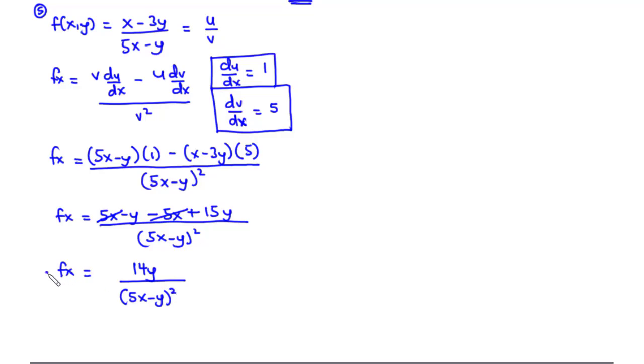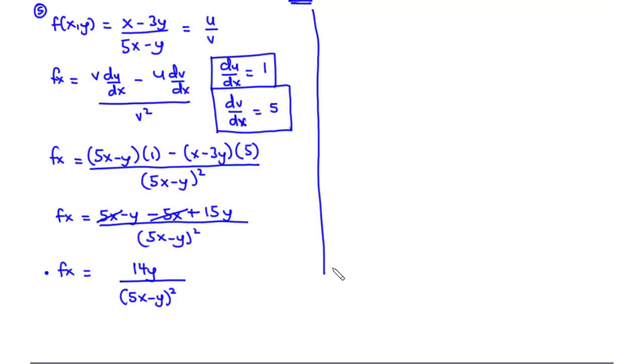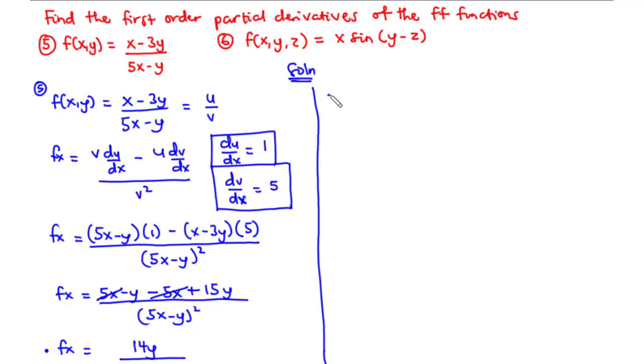So this is fx. Now for fy, we have fy also to be equal to, still using the quotient rule, that's going to be v du/dy minus u dv/dy all divided by v square.